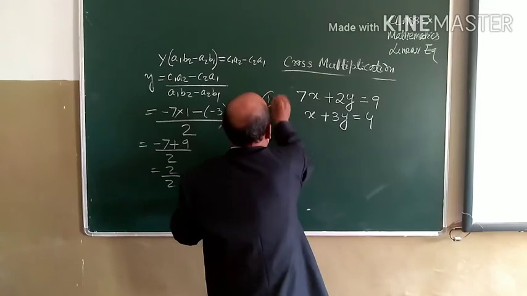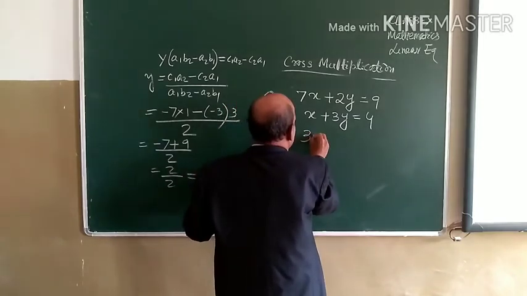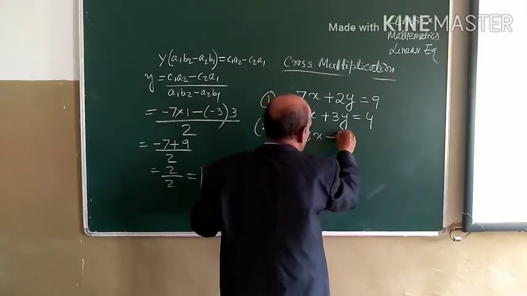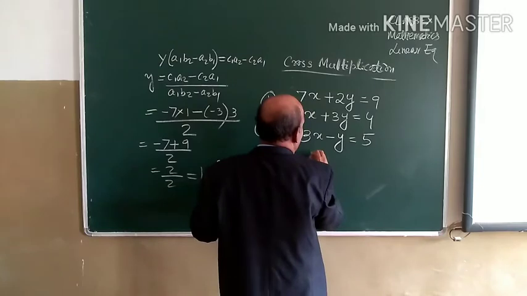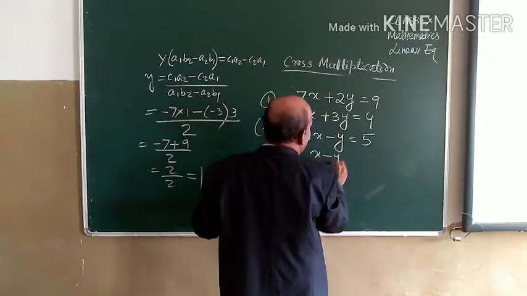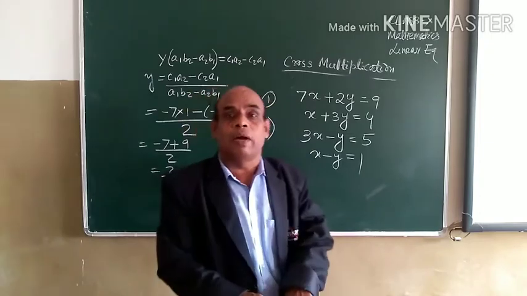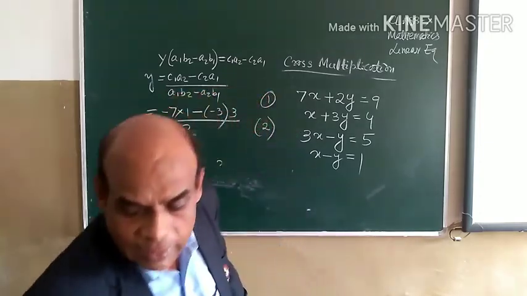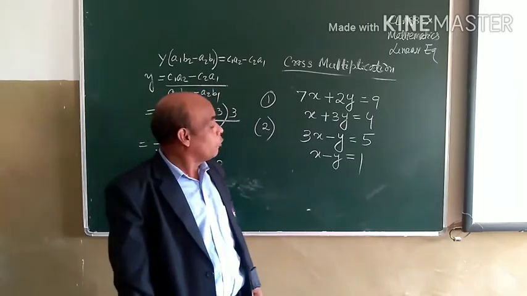That is question number 1. And question number 2: 3x minus y is equal to 5 and x minus y is equal to 1. These are the two questions you have to solve at home. If any doubt arises, you can ask me on my phone number.